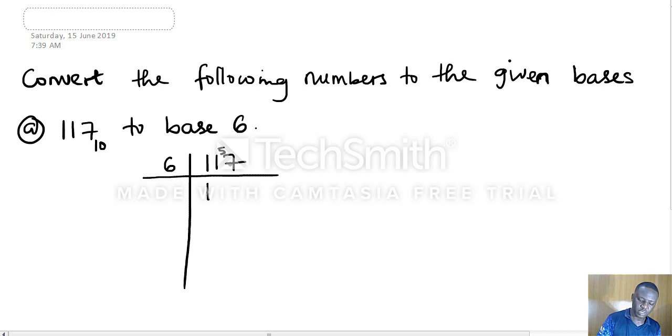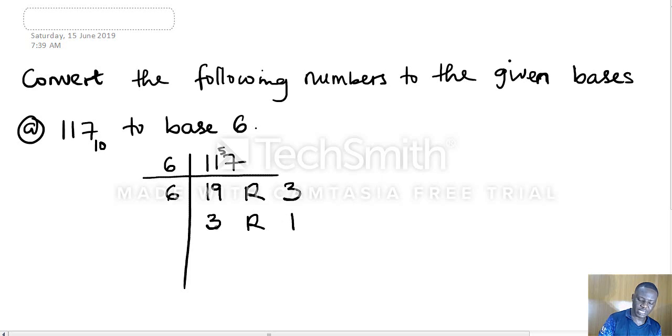57 is 9 times. For 9 times 6 is 54. So it is 9 times remainder 3. When you subtract 54 from 57, you have 3. Also, you keep dividing. 6 into 19 is 3, remainder 1.